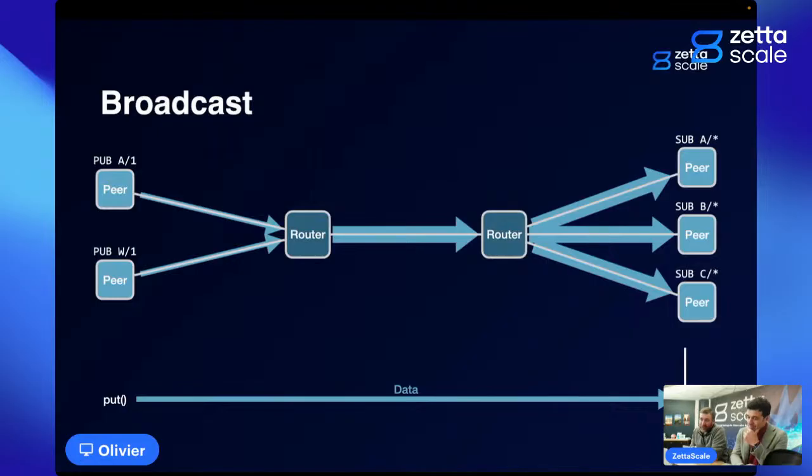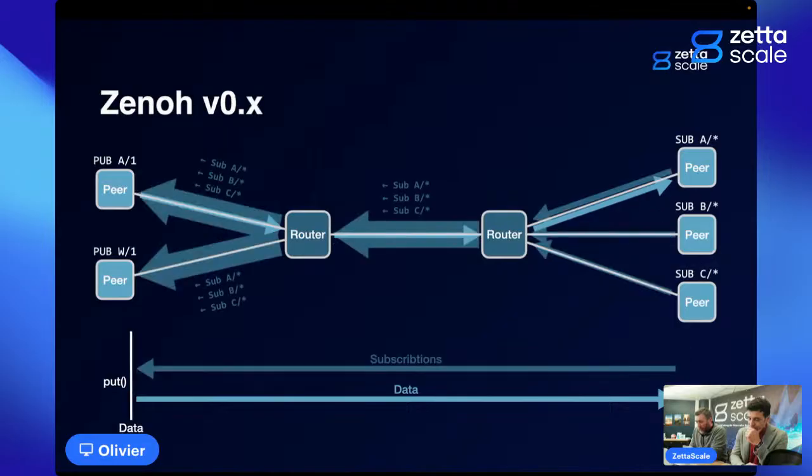In some very specific use cases, it could be the best. But as soon as the system or the network gets bigger, it quickly starts to be a no-go strategy. So what Zenoh does is to propagate subscriptions in the network, and that's what it did until V1.